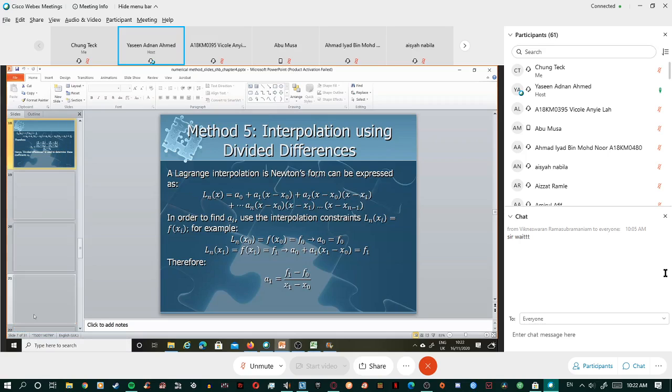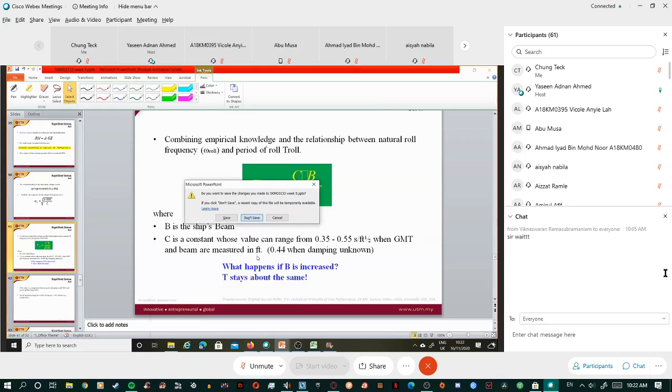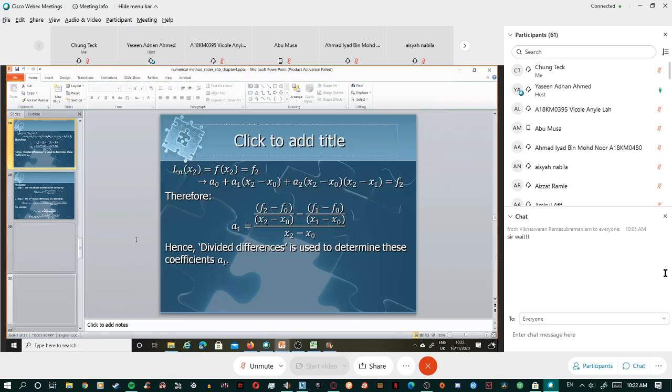To create the table, this one also I explained. I don't know why it's slow. It's hanging each time. Okay, just wait.